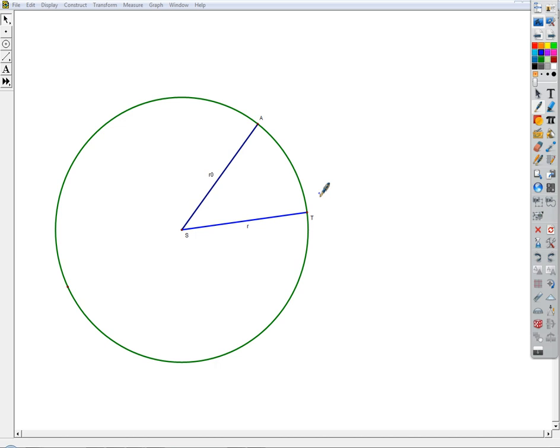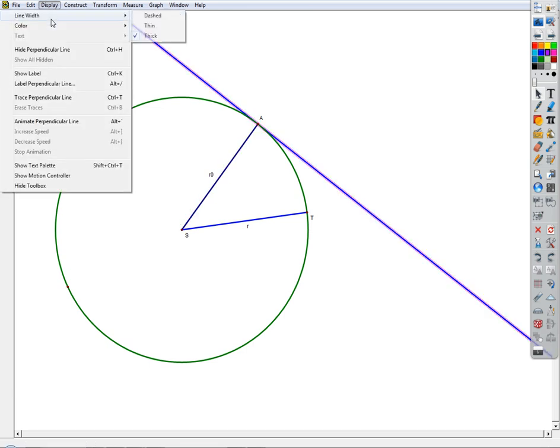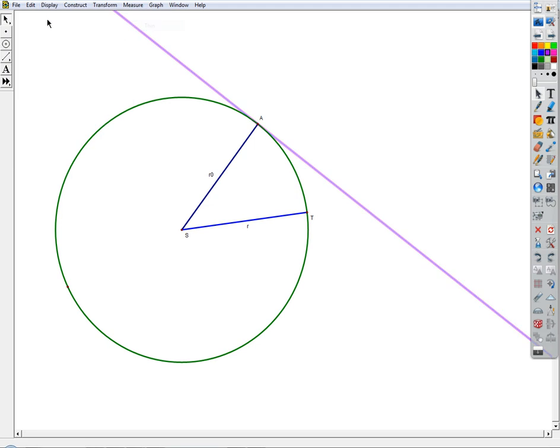So I want to take this point and that segment, and construct a perpendicular line, and make that very unobtrusive.